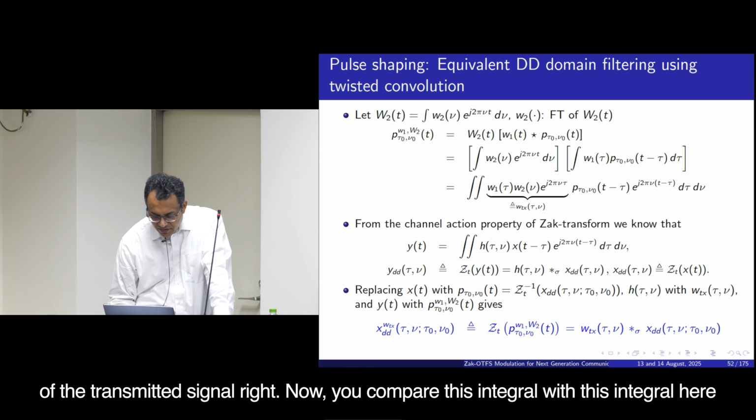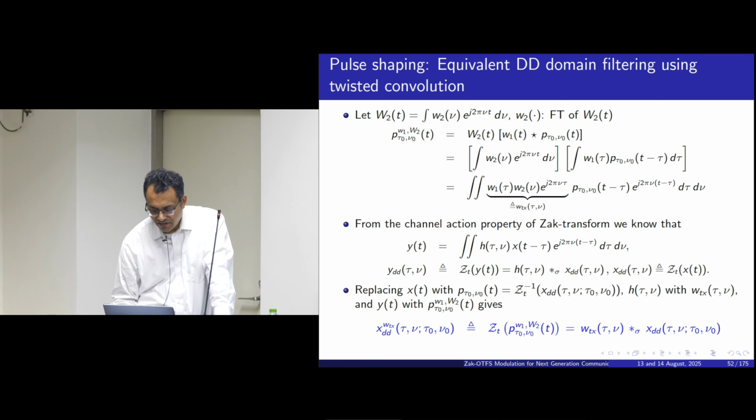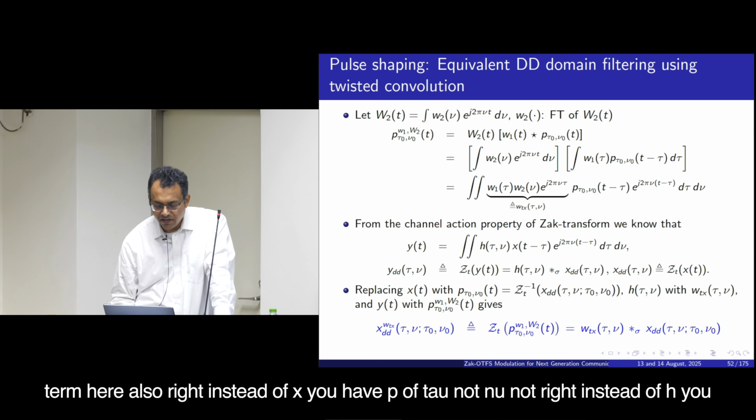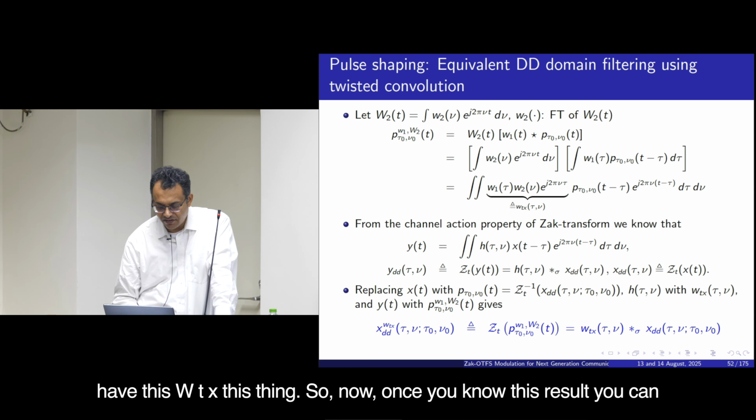Now you compare this integral with this integral here. They will look very similar. Look at this term here also, right. Instead of x you have p of tau naught, nu naught, instead of h you have this W_Tx, this thing.